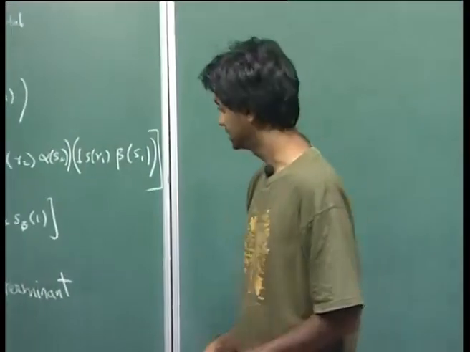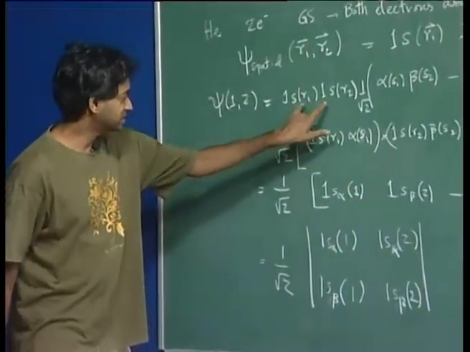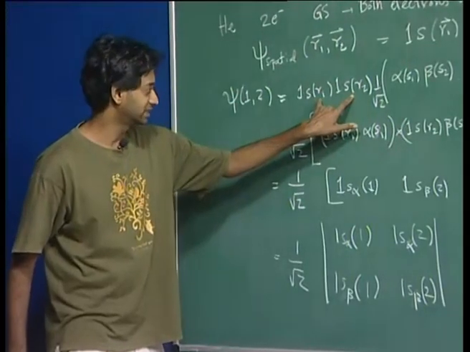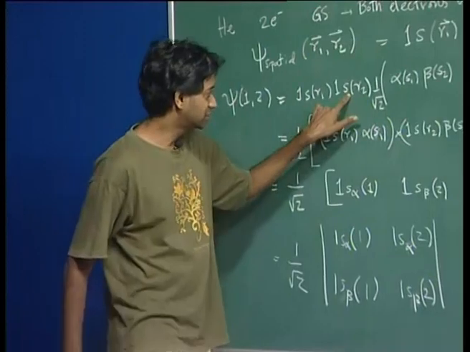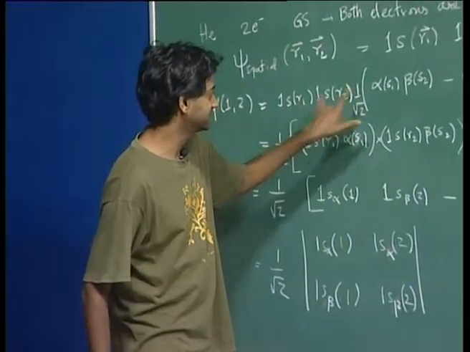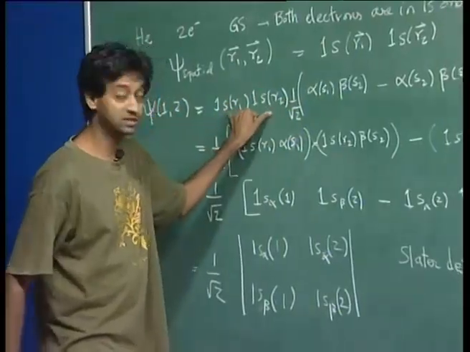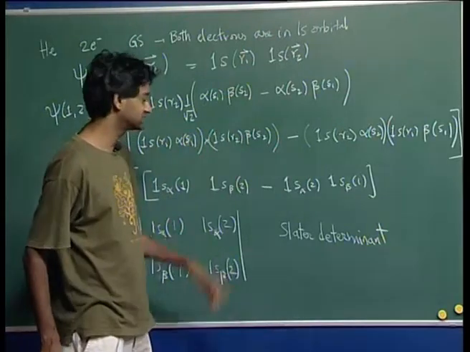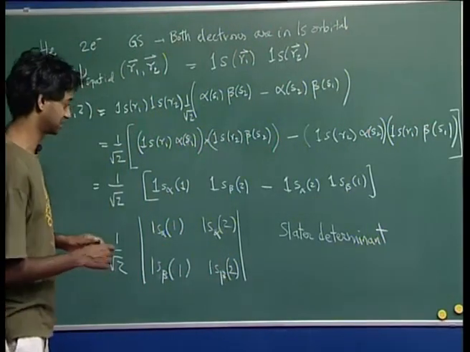So incidentally, you notice that the moment we said that the spatial parts of the 2 electrons are identical, when the 2 electrons are in the same spatial orbital, because of the antisymmetric condition, their spins had to be different. So having 2 electrons in the same spatial orbital ensures that the spins are different, and this is an illustration of Pauli's exclusion principle.